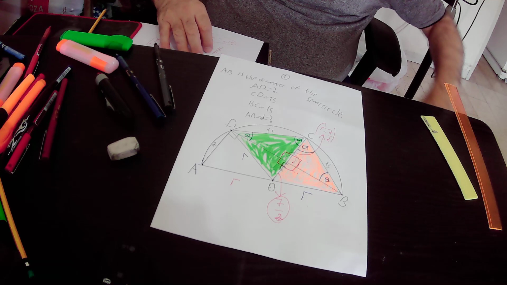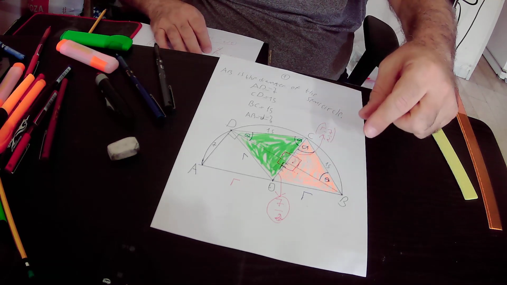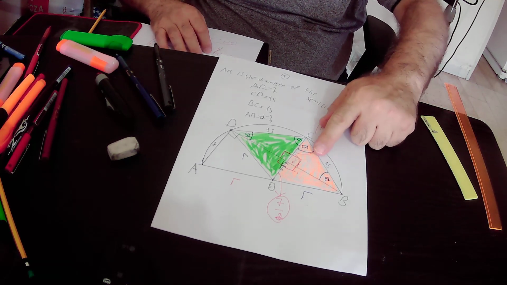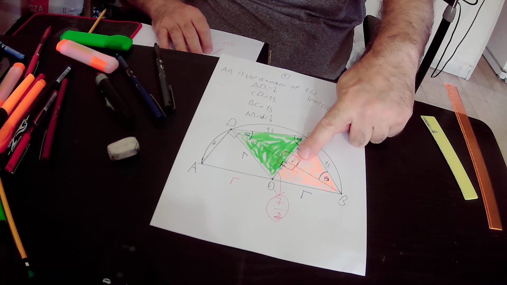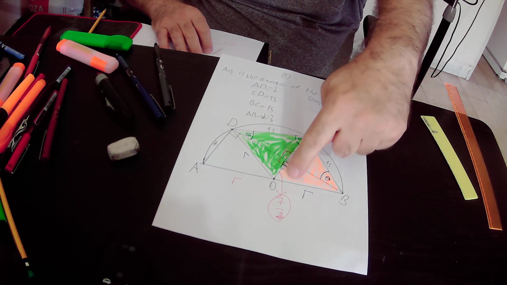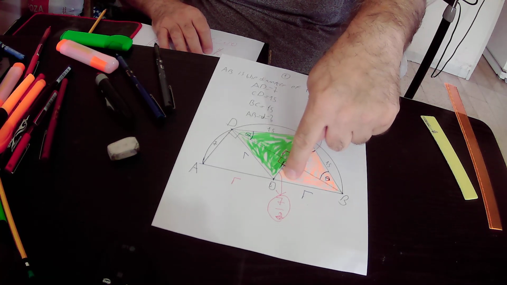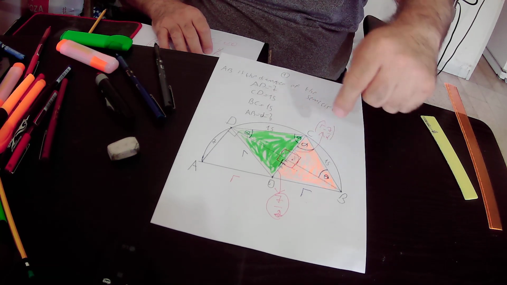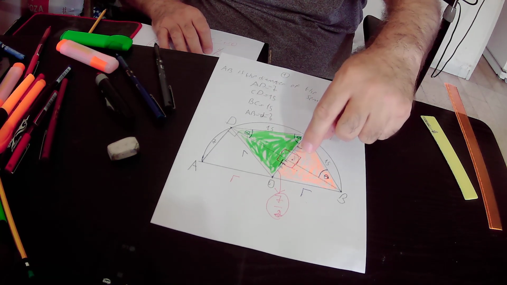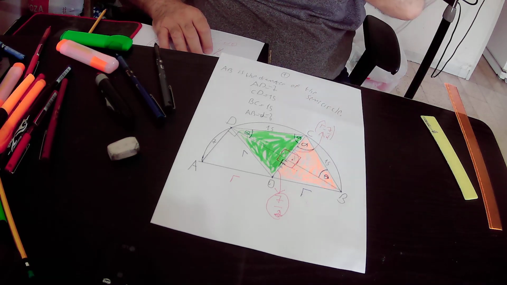Then we actually have here two right triangles. Triangle CEB is a right triangle because this angle is a right angle. And triangle OEB is also a right triangle because this angle is a right angle. So we have here two right triangles in the orange color.